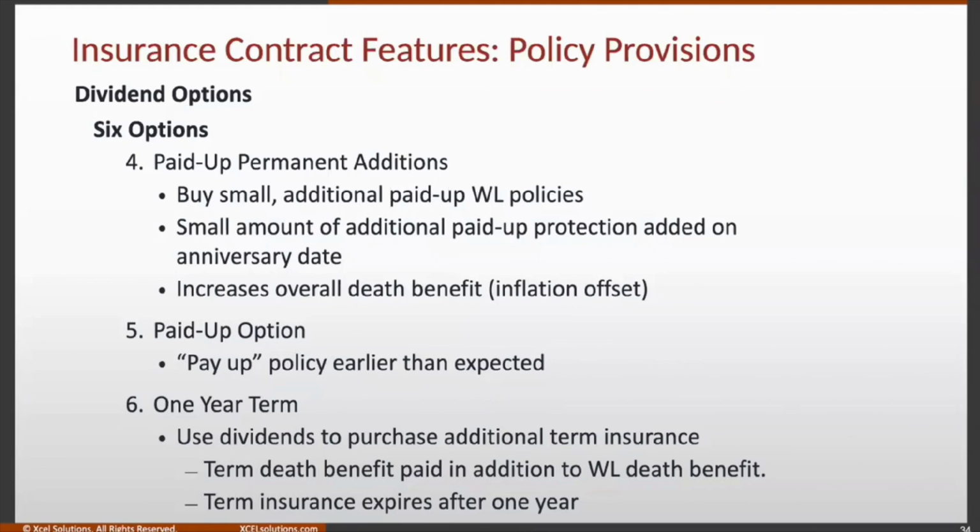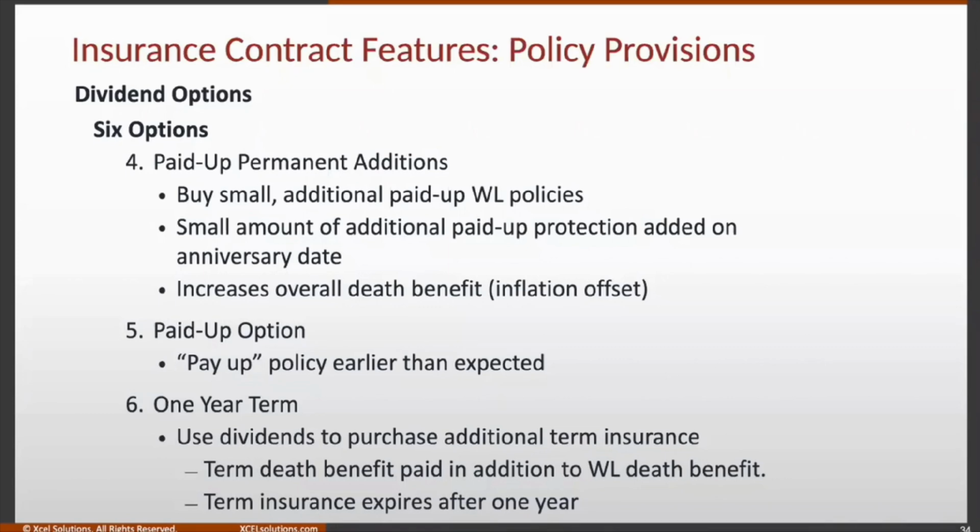The 1-year term insurance option, remember, is always used by a policy owner who has an outstanding loan on their original policy that they know, if they died during that time, would reduce the death benefit to a lesser amount equal to the loan plus the interest due on the loan, and the lesser amount would be paid out to their beneficiary. So while they have that loan outstanding, they do not wish that to happen.